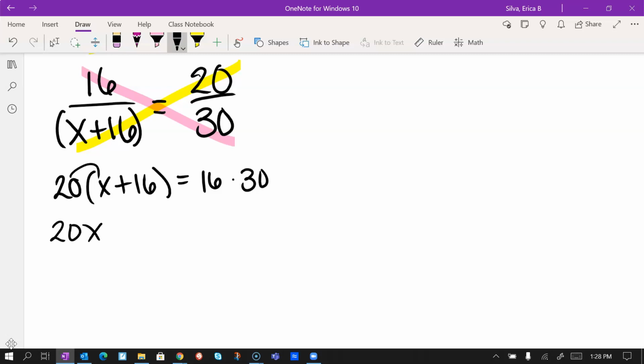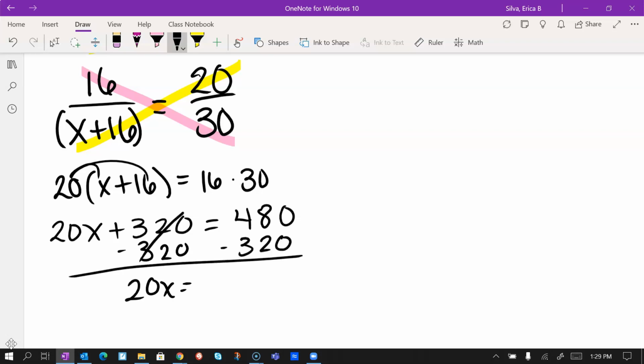We get 20x plus 20 times 16, which is 320, equals 480. 16 times 30 is 480. Question so far? All right, we're solving for x. What do we have to do next? Subtract 320. Good. And we have 20x equals 160. We divide by 20, and we get x.